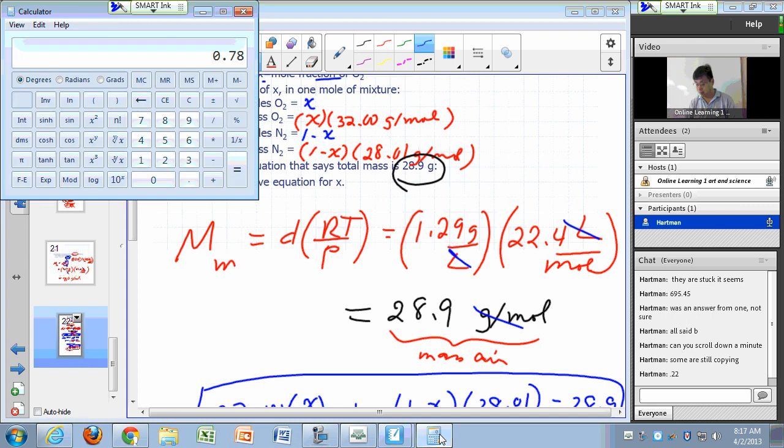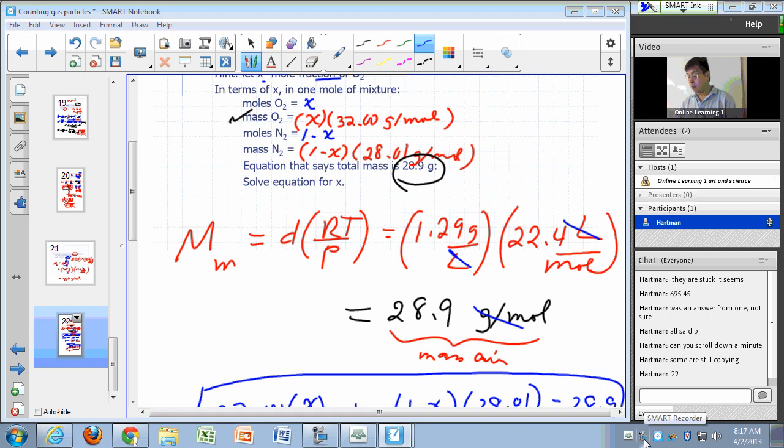Let me verify that: 1.29 times 22.4 gives me 28.9. So that's how you determine molar mass from the ideal gas law.